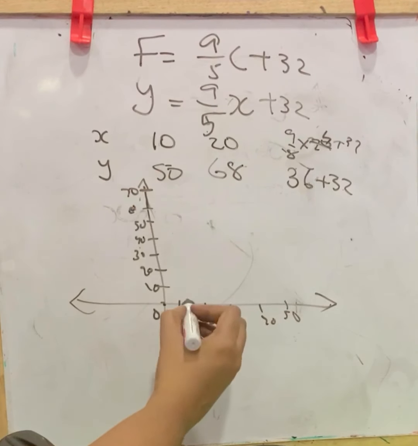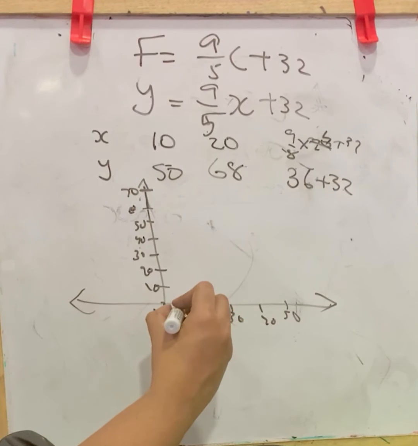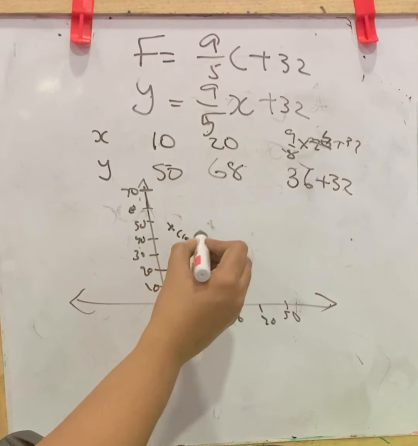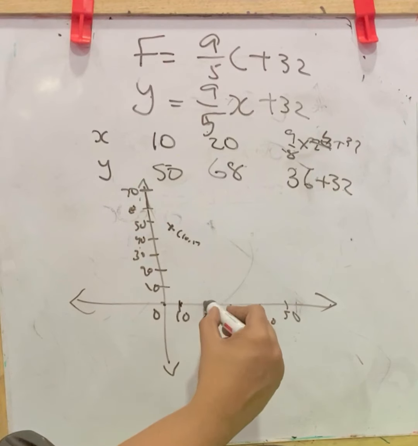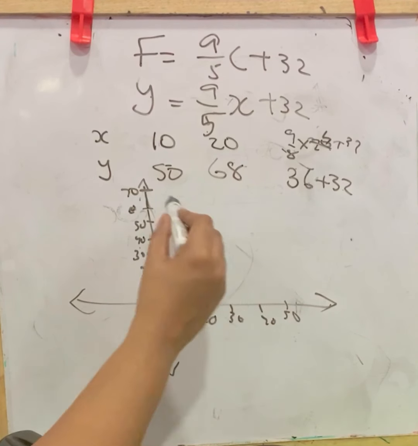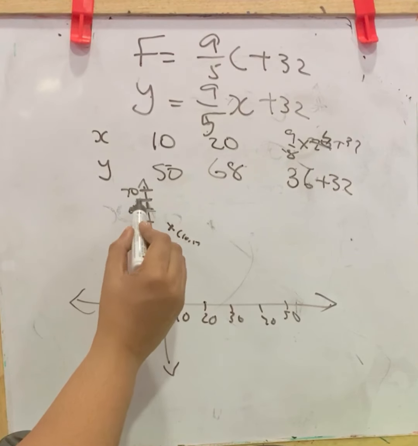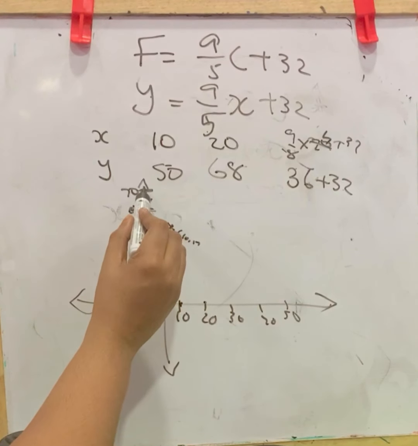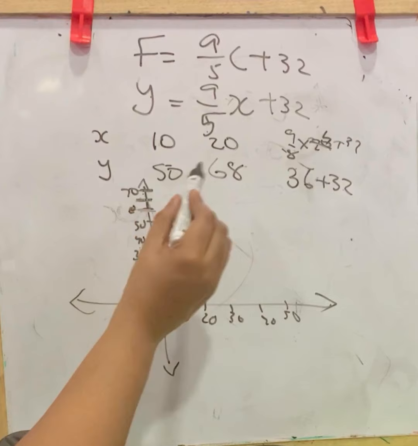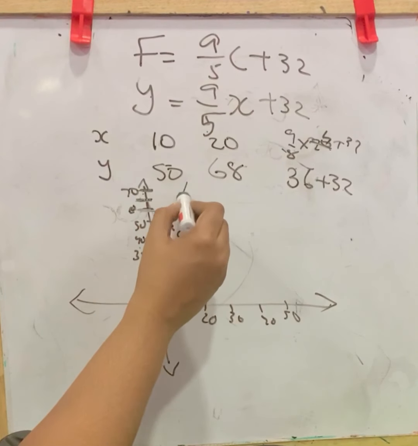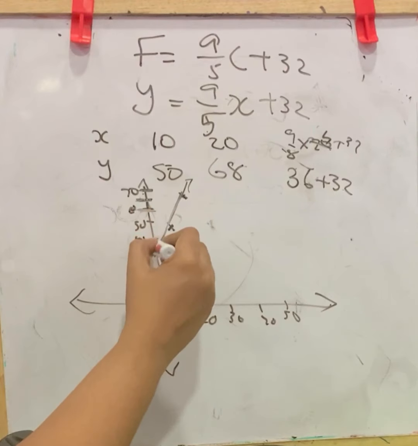So x is 10, y is 50, height is 50 here, 10 comma 50. Next x is 20, y is 68. Between this is 60, this is 65, this is 70. Between 65 and 70 you will get 68 here. This straight line shows the graph.